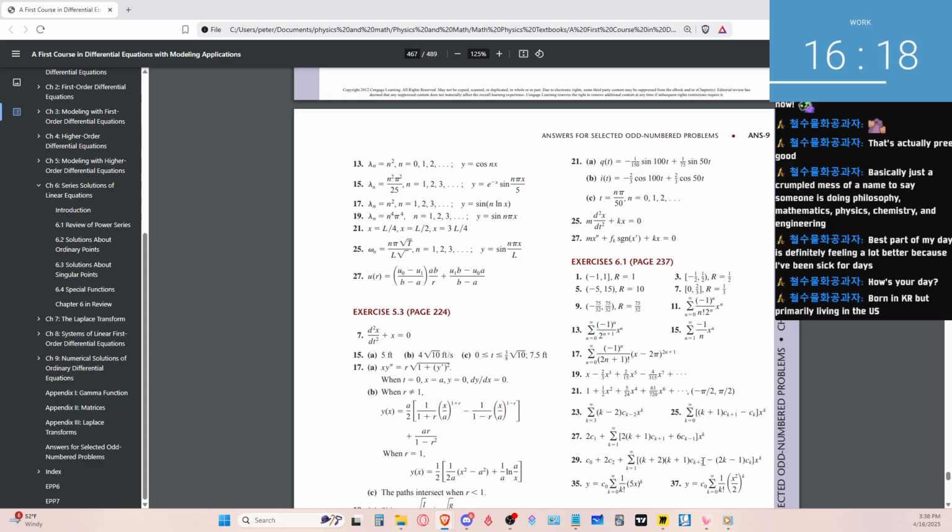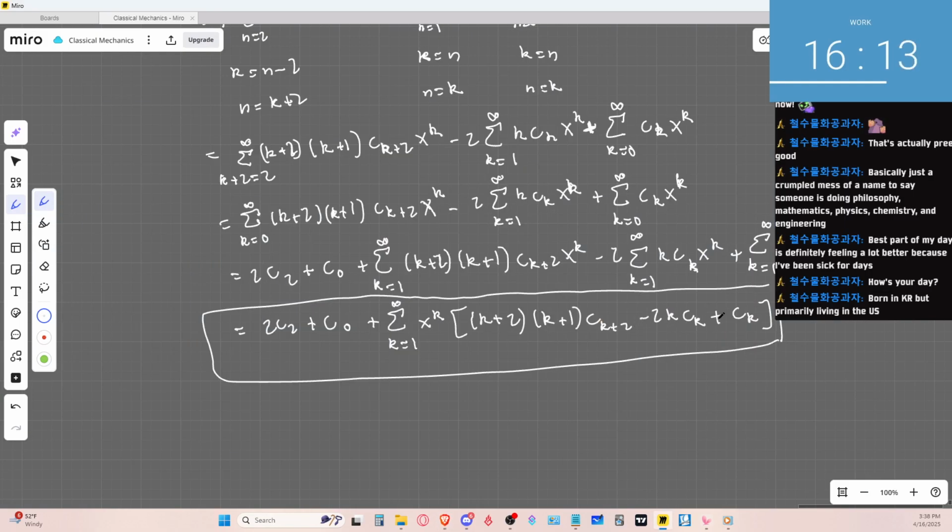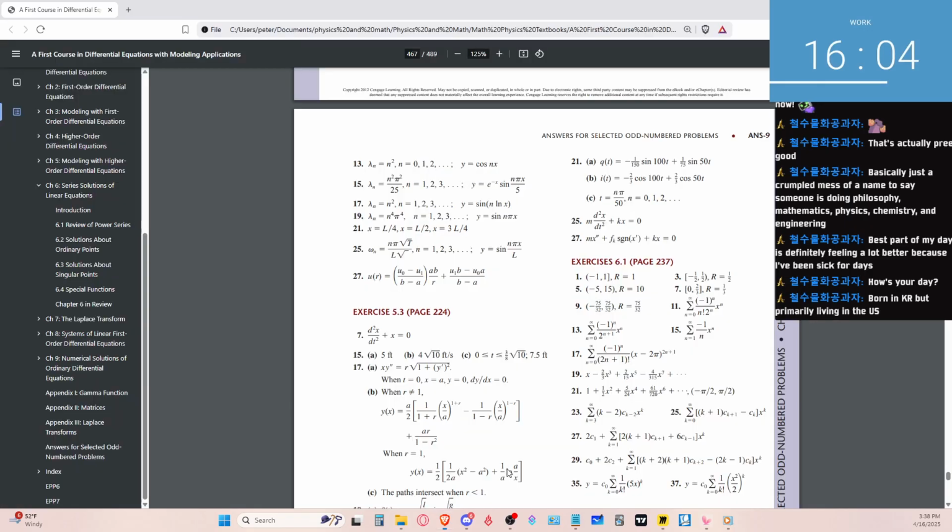CK, yeah, CK.2. Yeah, that's right. Minus 2, right? Yeah, yeah. Oh, did I miss something? Because it says -1. Oh, maybe they factored out a negative sign from this grouping here. Yeah, everything looks right. Okay, cool.